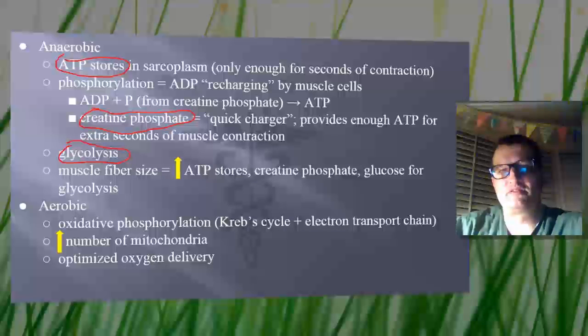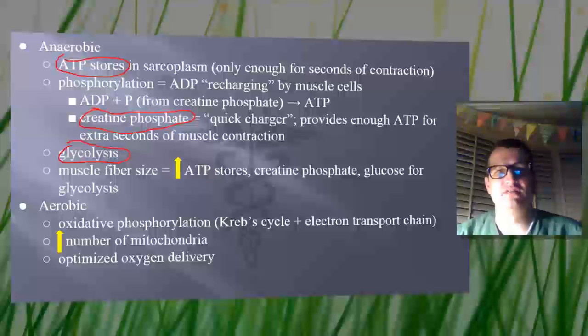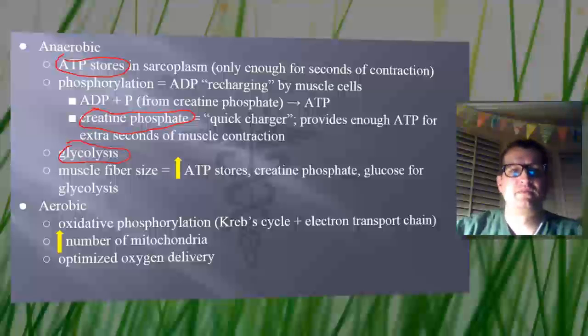So what happens in muscles that are tuned for anaerobic activity, the muscle bulks up significantly, because the muscle wants to be as crammed full of ATP, glucose, and creatine phosphate as possible, so that during activity there's an immediate availability of these substances.